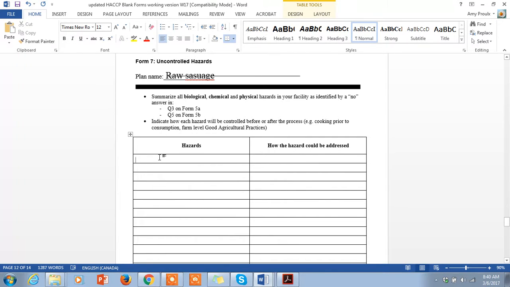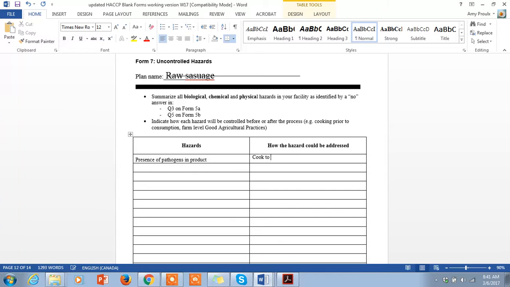As we mentioned before, there's no cook step, there's no lethality step to reduce bacterial load. And so we would have presence of pathogens in product. And how is this hazard addressed? Well, if we think about it, we would typically be cooking this product.